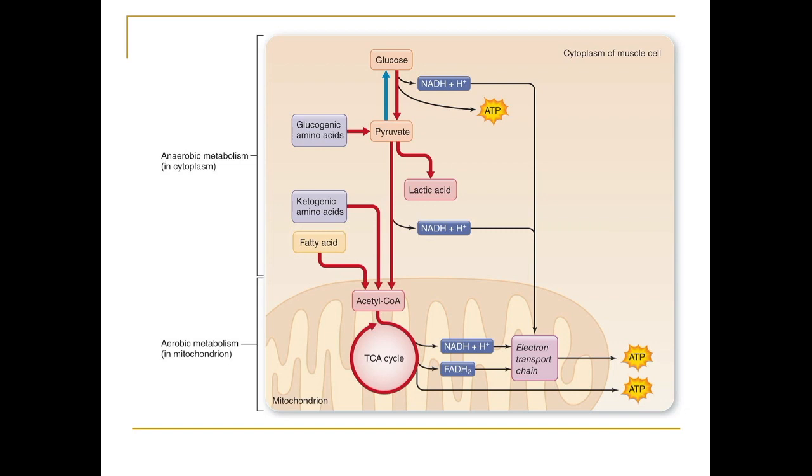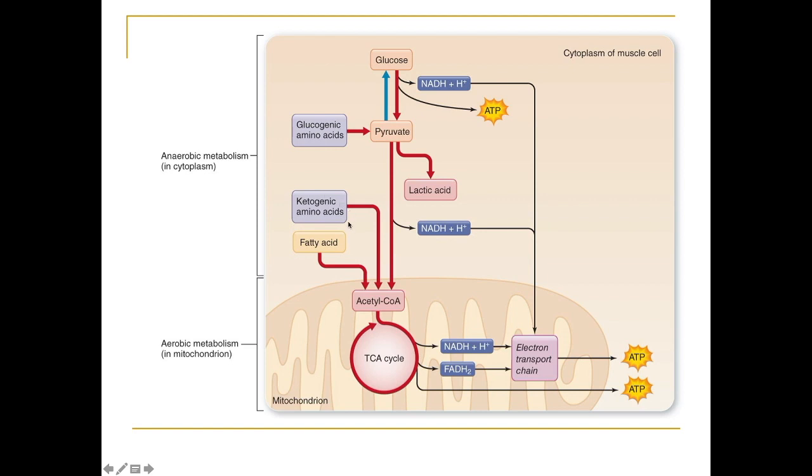And it happens by this process, which we talked about during the cellular respiration lecture, and I'm not going to go deep into the details of this right now. But you've got glucose. It, as well as some amino acids, can go and make pyruvate or lactic acid, which produces a small amount of ATP. This can also be taken up by the Krebs cycle or TCA cycle in the mitochondria.